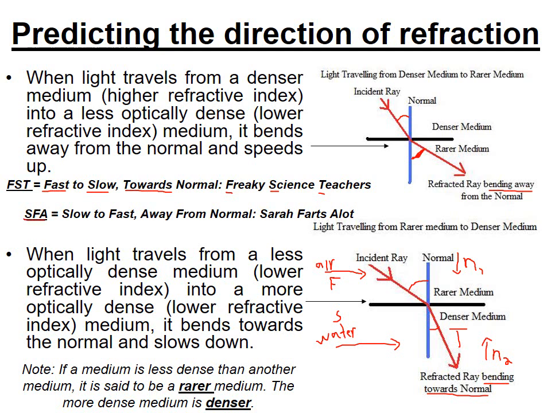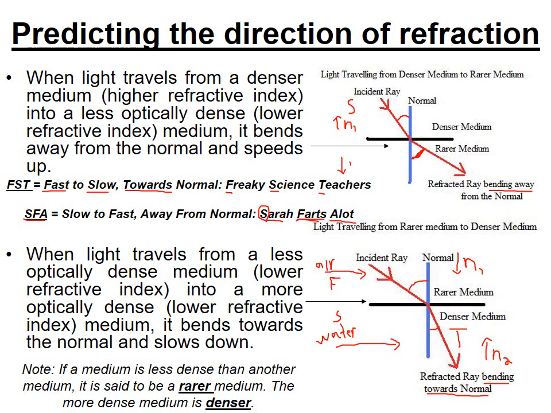In the second scenario, SFA, Sarah farts a lot. S means you start off in a slow medium. So that means you have a high index of refraction starting off, high N1. F, fast medium.